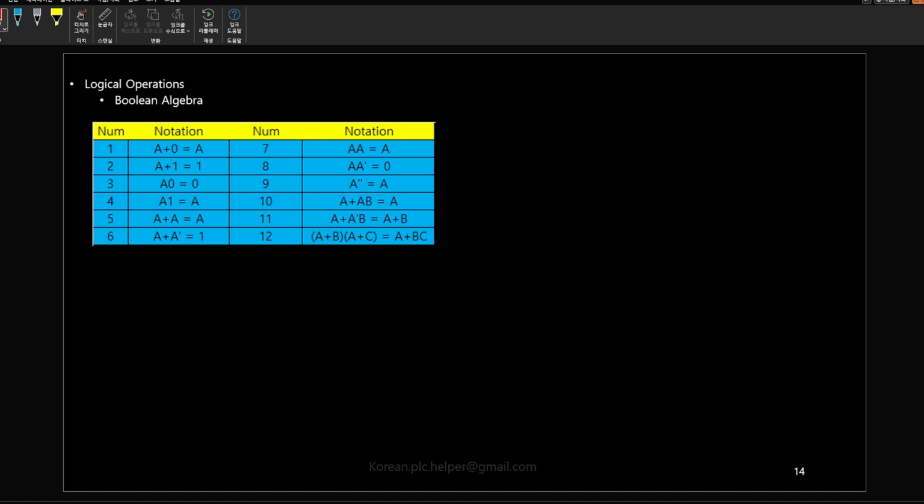Next are Boolean algebra rules. I will provide a few examples. First, A plus 0 equals A. This is logic addition.